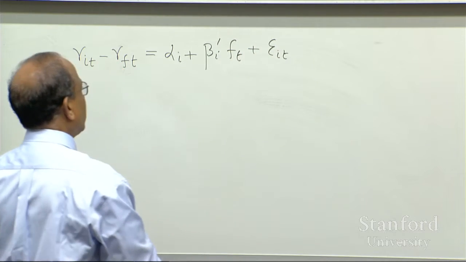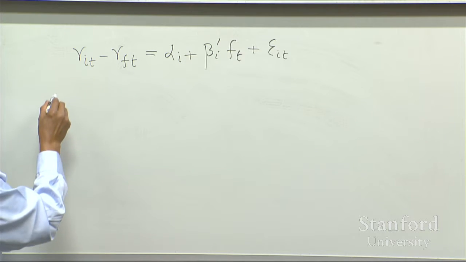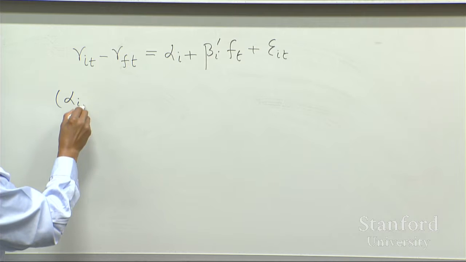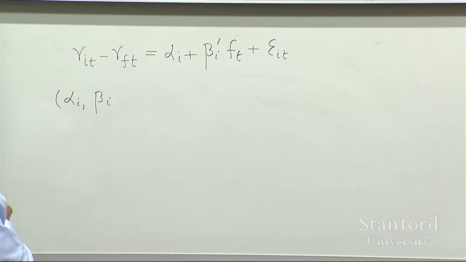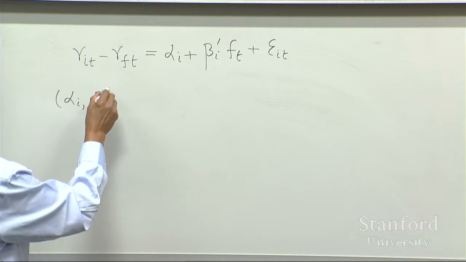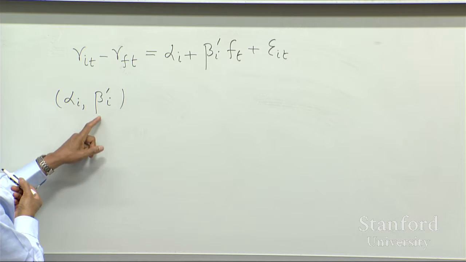For each stock during a certain time, you can compute what this alpha_i and beta_i are. You can use this to estimate, for each stock, the constant term and the slope terms.